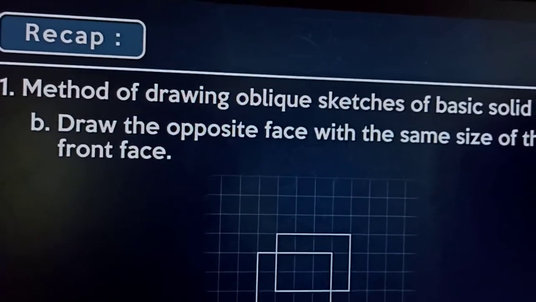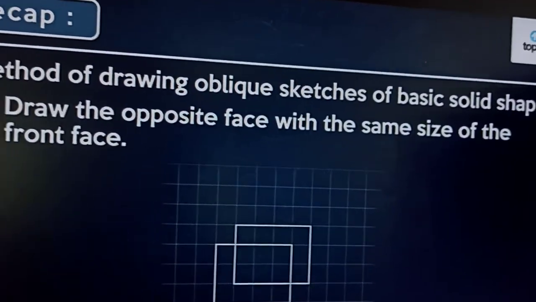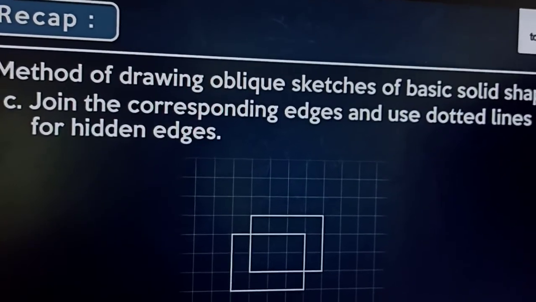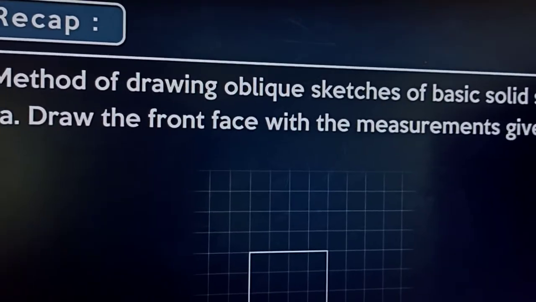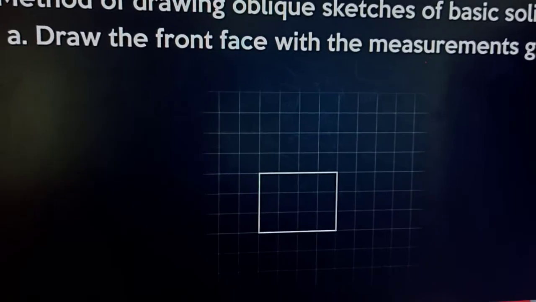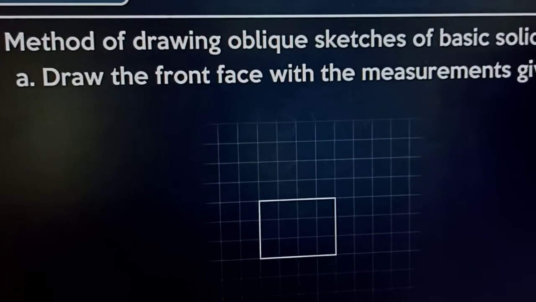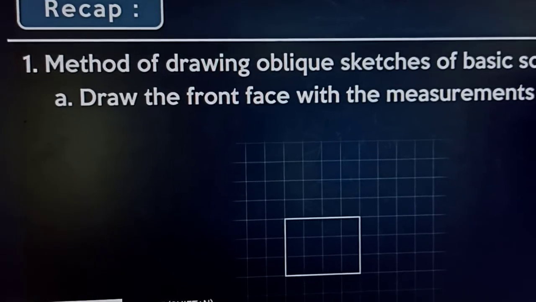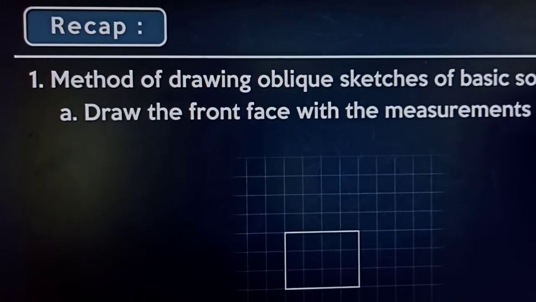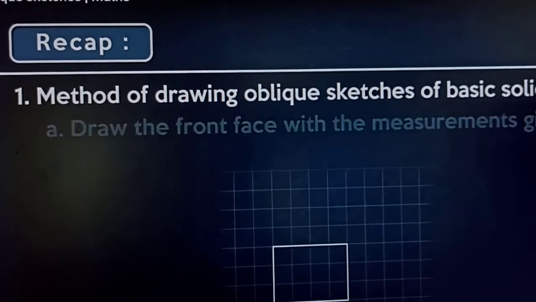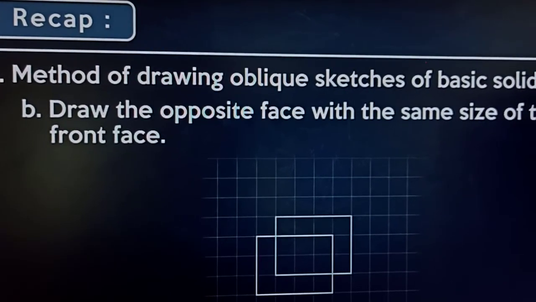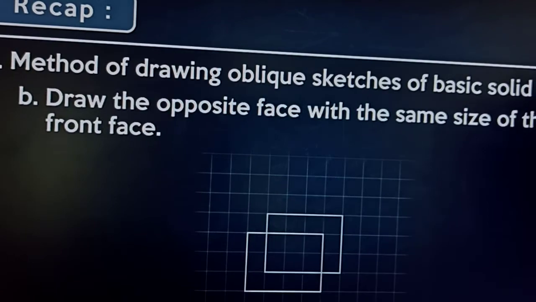See here what the methods are. The method of drawing an oblique sketch of basic solid shapes is: first, draw the front face with the measurements given, like this. Then draw the opposite face, the back face, with the same size as the front face.